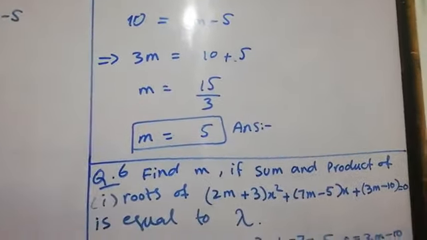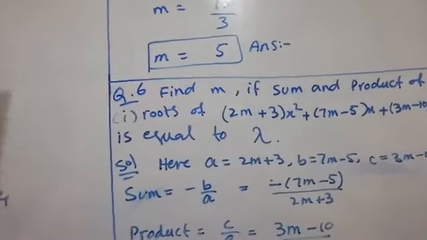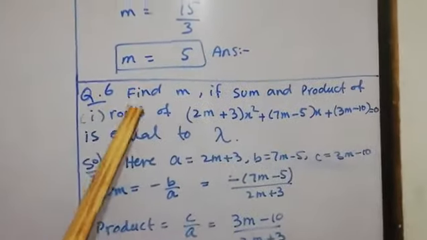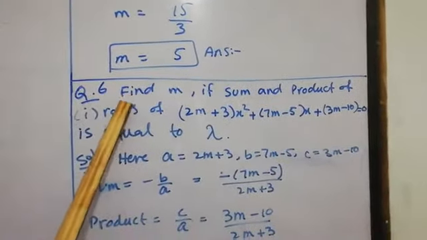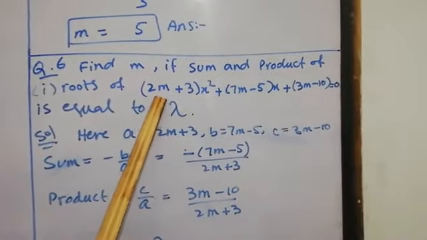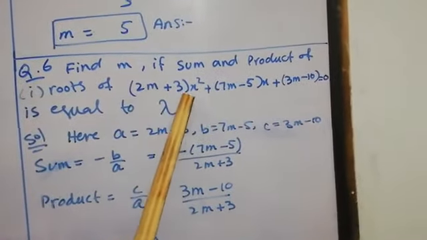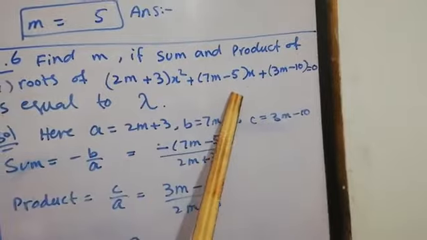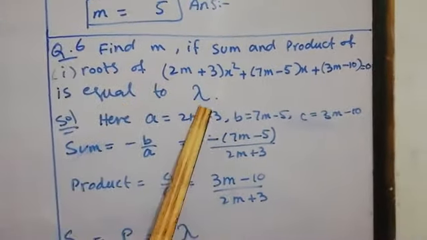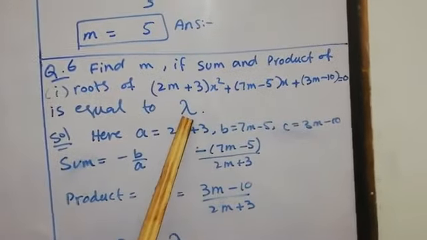This is the answer. Now we will move to question number 6, which is the last question of this exercise. Dear students, the question statement is: find m if the sum and product of roots of this equation, 2m plus 3 x square plus 7m minus 5 x plus 3m minus 10 equals 0, are equal to lambda.